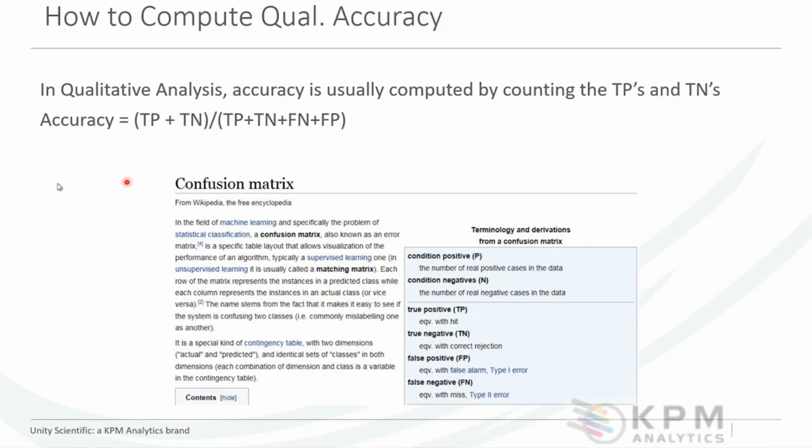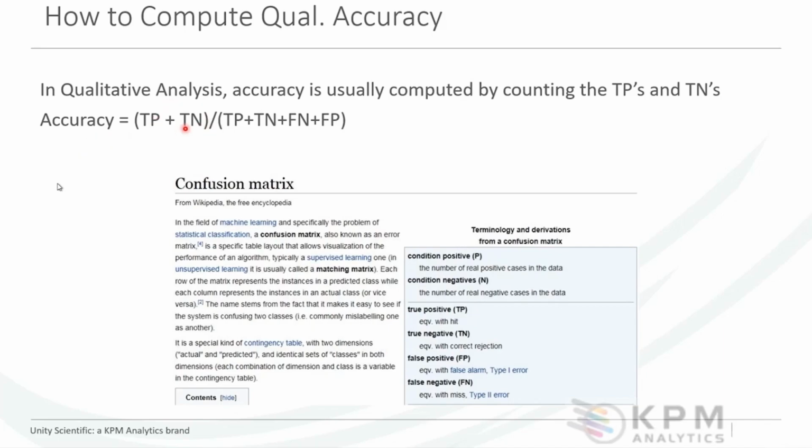And you've seen in these lectures that we like to use Wikipedia. You can go in and look at confusion matrix in Wikipedia, and it describes a system of 4 possible outcomes: a true positive, true negative, false positive, and a false negative. And what you are looking for is comparing your true results to your false results.